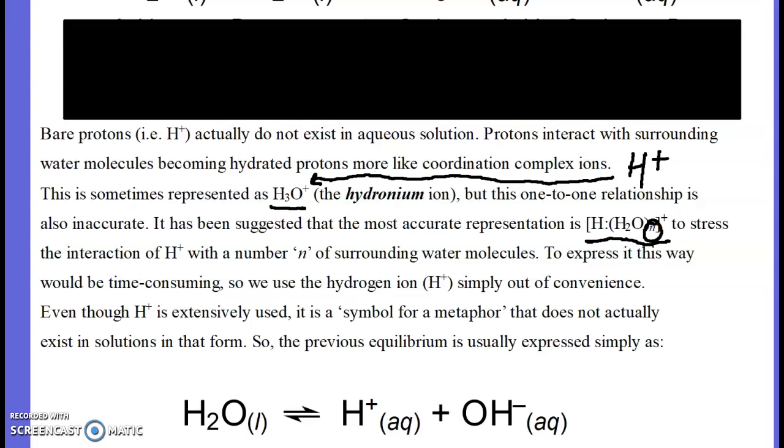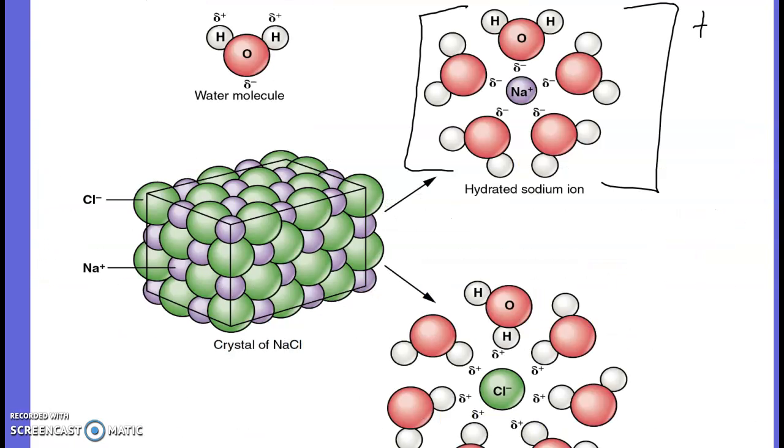Water dissociating in itself, auto-ionizing. Remember when we learned about the dissociation of ions? Here's a salt crystal being put into water, and the water molecules, because it's polar, partially positive, partially negative, actually separate the bonds between the chlorines, right?